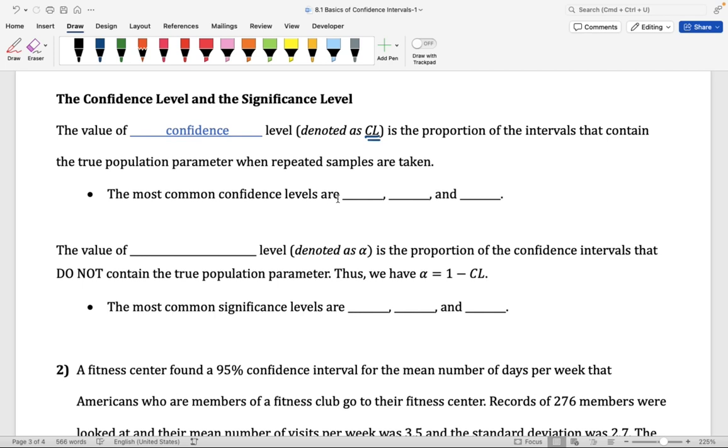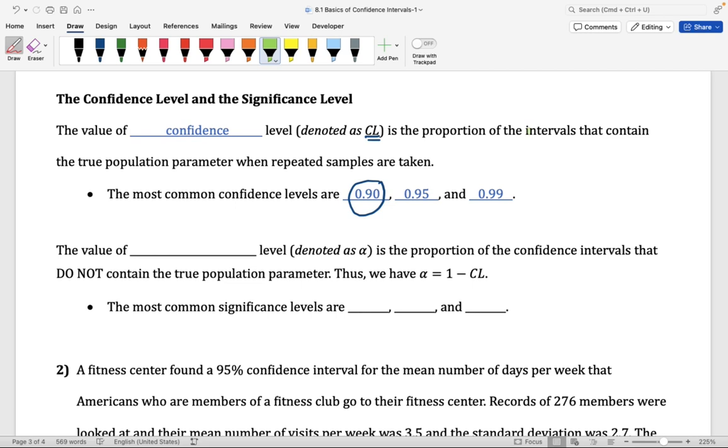The most common confidence levels are 0.90, 0.95, and 0.99. So, for example, if you tell me that your confidence level is 0.90, then I'm thinking if repeated samples are taken and you calculate the sample mean and you construct a confidence interval, then I know that 90% of all those confidence intervals are going to capture the population mean.